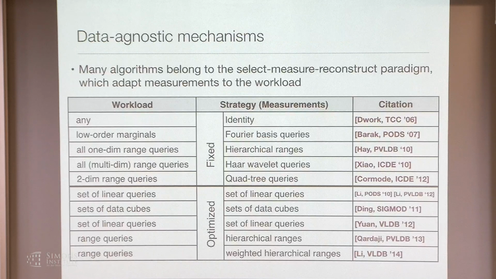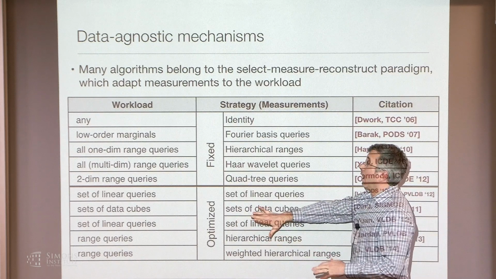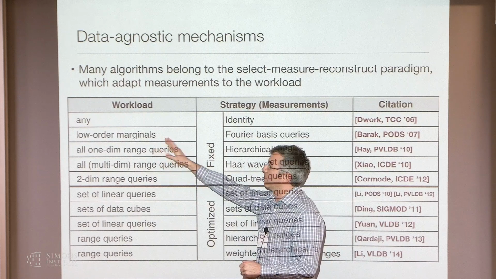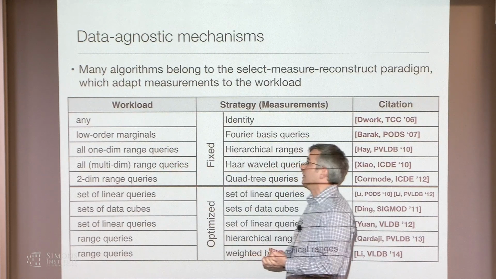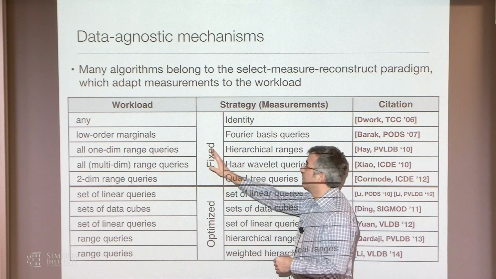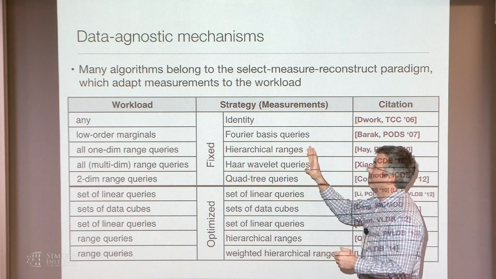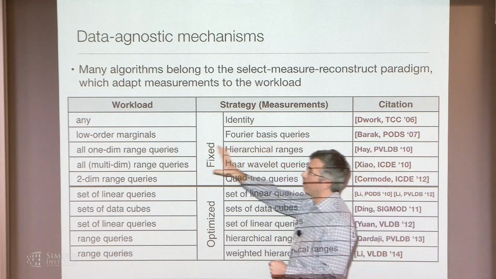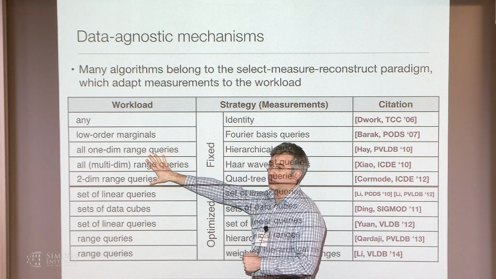Okay, so there's been lots of work that can be viewed in this paradigm of select, measure, and reconstruct. It differs on which types of workloads it was targeting, maybe marginals or one-dimensional range queries. And these fixed methods basically matched a strategy, or a set of measurements, that worked well for a fixed workload.